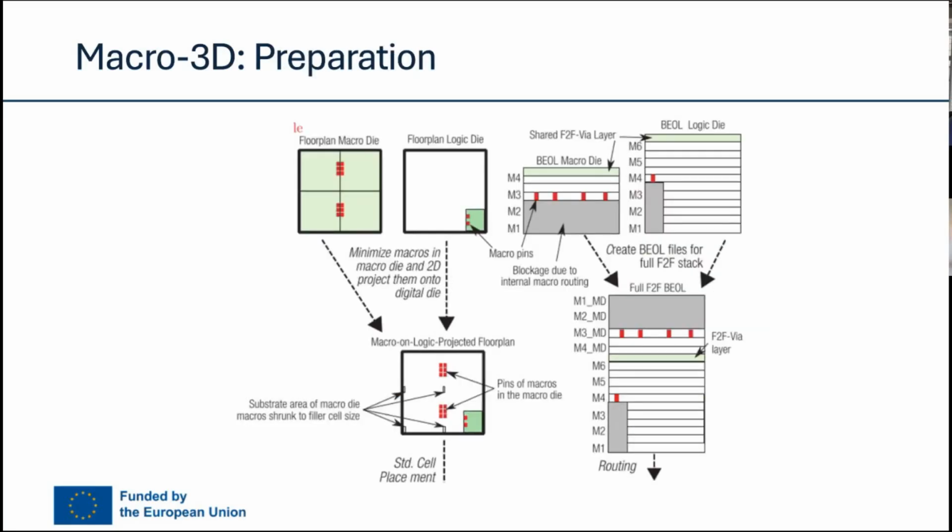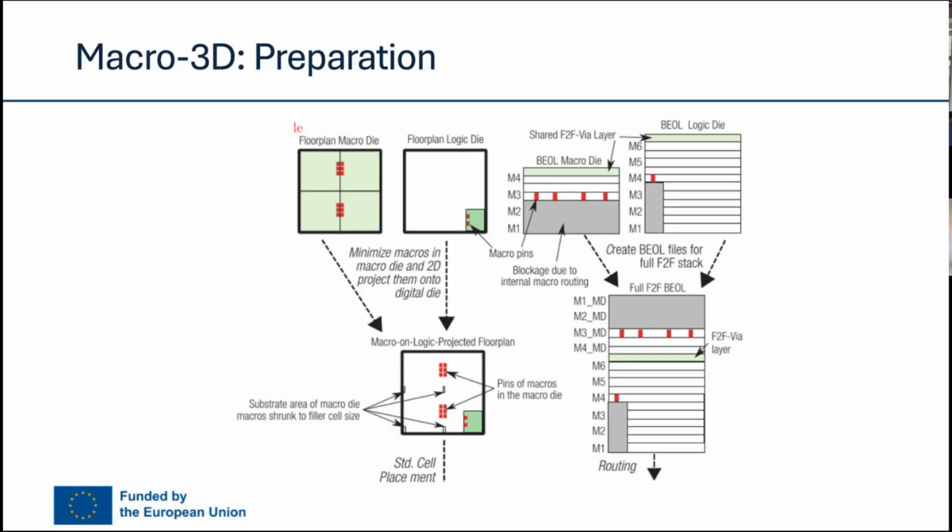The next step that we need to execute this flow is the generation of dedicated IPs. If we think, for example, about implementing memory elements in the top tier, the location of the pins is not going to be in the original Metal 3, but in another layer according to the F2F full BEOL.